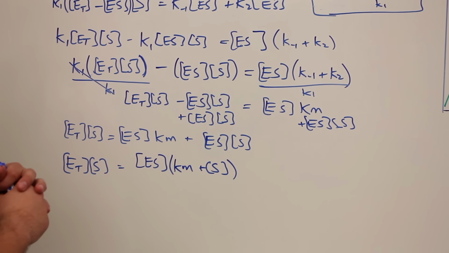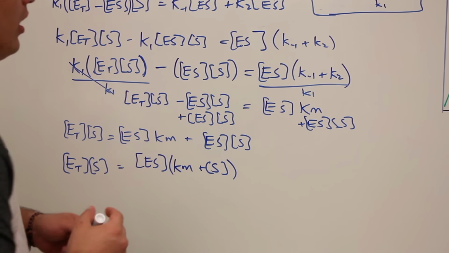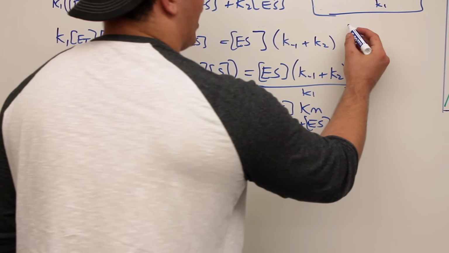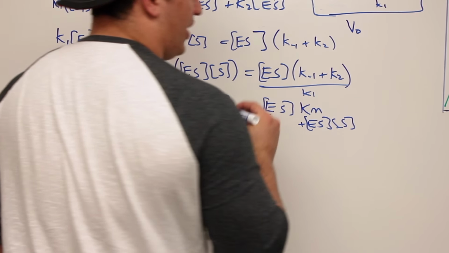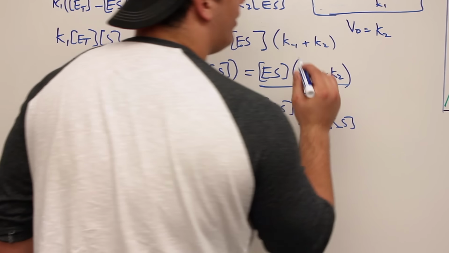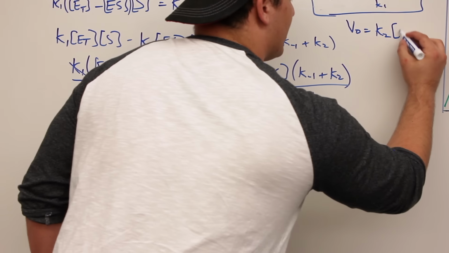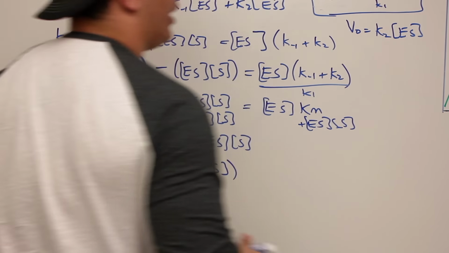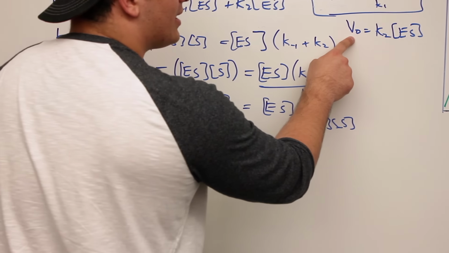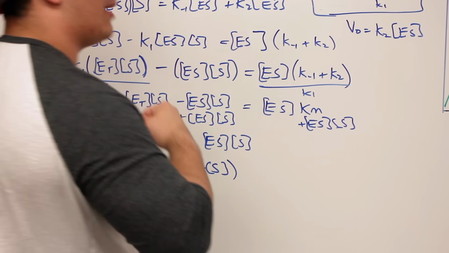So now what I want to do is get my enzyme substrate by itself. Why? There's another equation we're going to use here in a second, and it's V0, which is the initial velocity, equal to your K2, the rate of dissociation into enzyme and product, times the enzyme substrate concentration. This velocity is dependent upon the rate at which the enzyme substrate dissociates into enzyme and product.